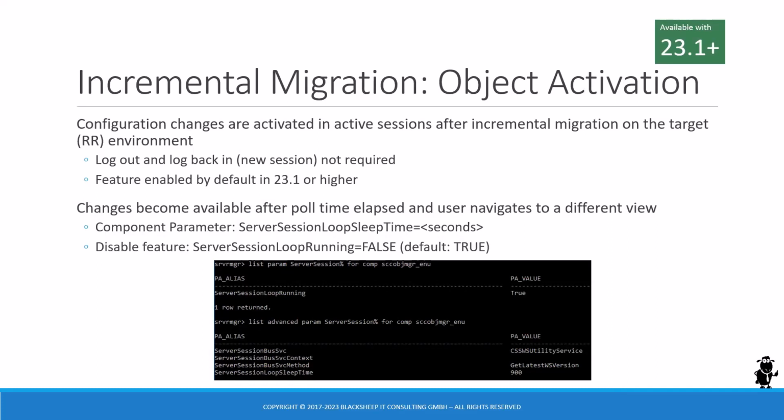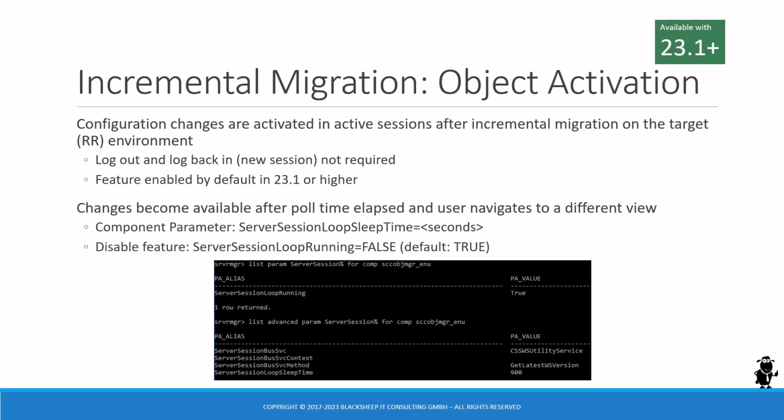Yeah, it's actually enabled by default, and I think it's 15 minutes, the 900 second sleep time. So every 15 minutes, the object manager, even for running sessions, polls the repository version, more or less, or the workspace version of the main workspace, and then it reloads the cache. So even during a session, you could have access to the new feature that was added.